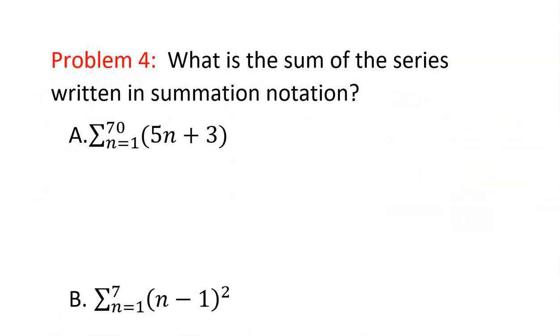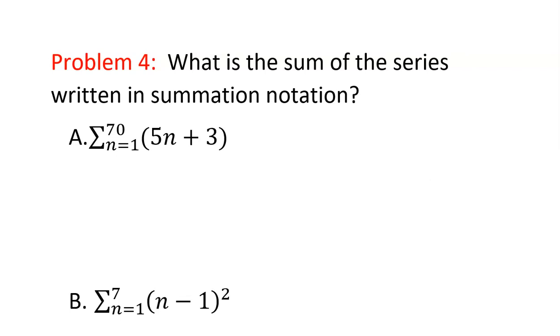Now, how do we actually use one of these to get to the sum of all of them? Obviously, we don't want to write down all of them. There must be some way to find what we're looking for. So what we're going to do is use our formula. S sub n equals the number of terms, 70, divided by 2.